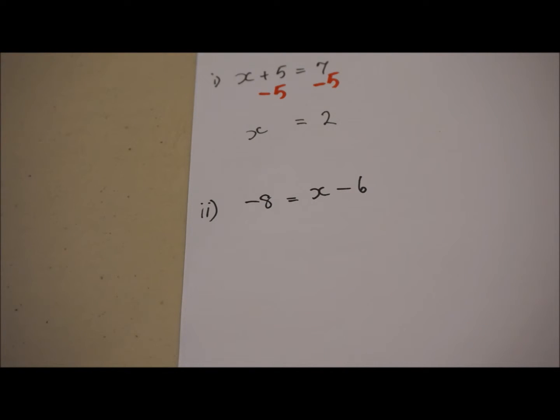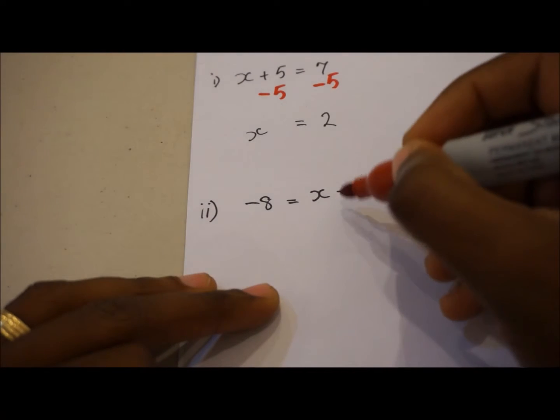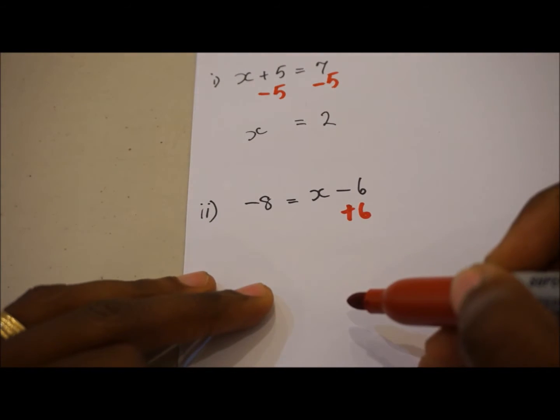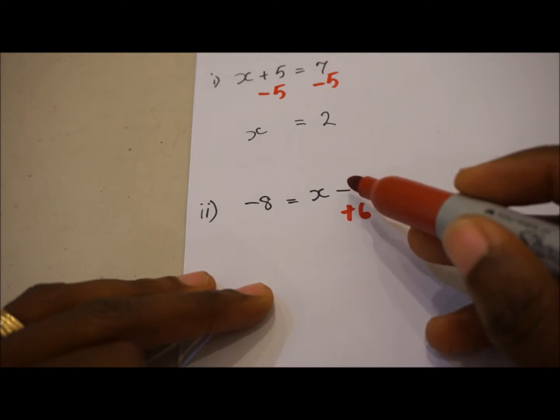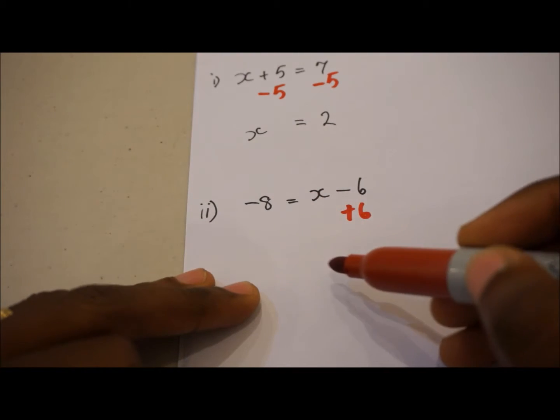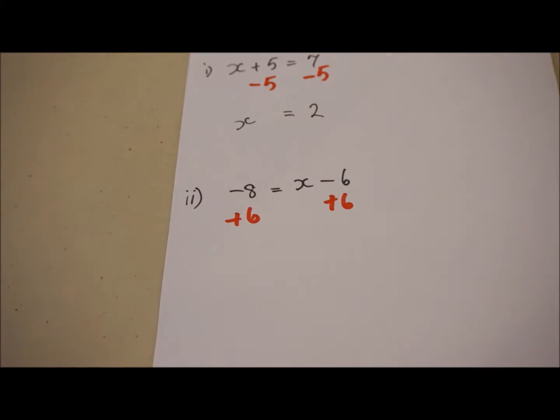To get rid of it, we do the opposite of negative 6, which is plus 6. So we add 6 here. Remember, if this is a balance, whatever is done on one side of the equal sign, we must do exactly the same thing on the other side. So I add 6 here also.